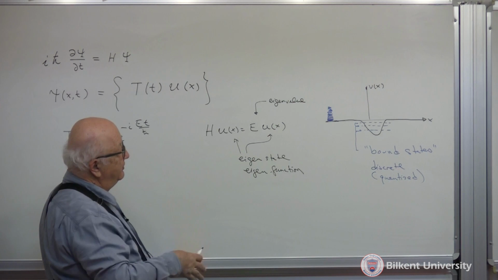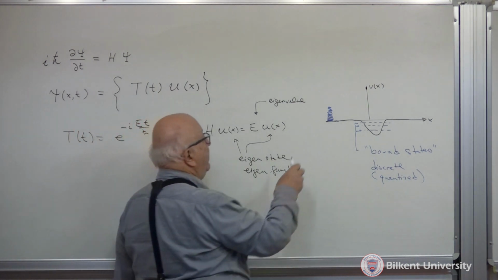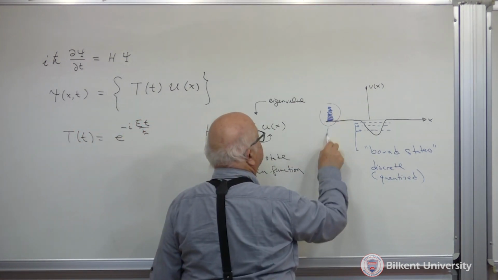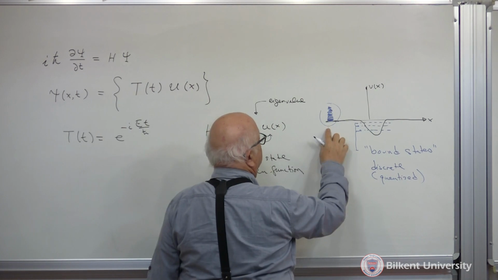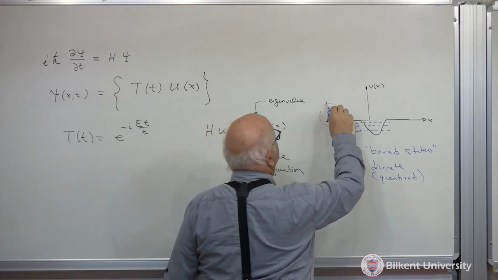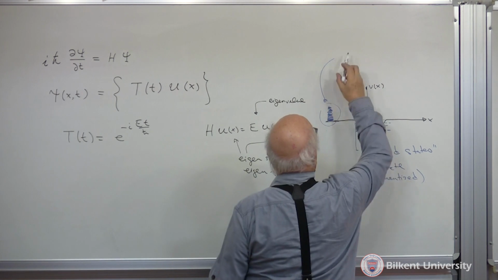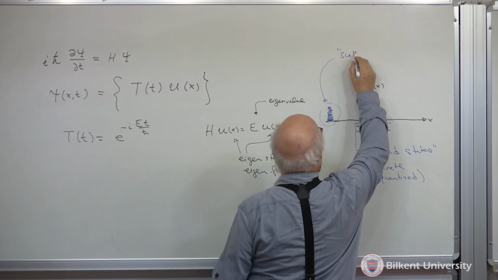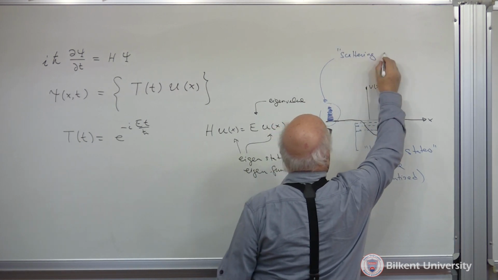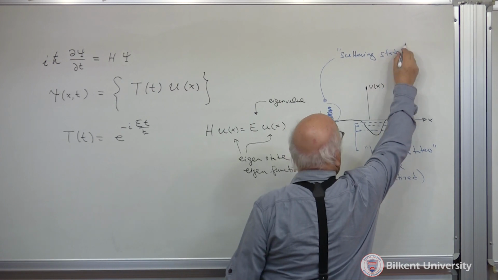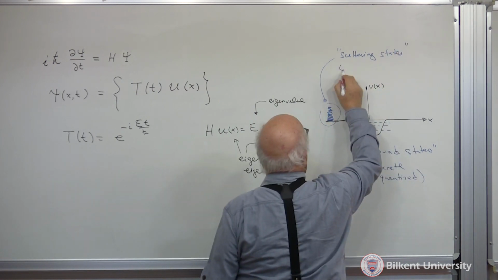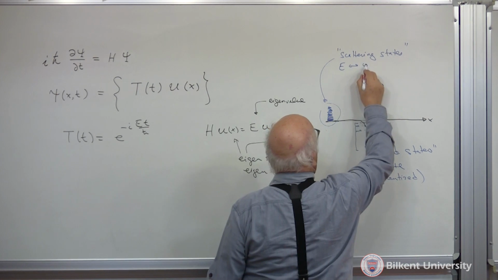So I have a set of states like that, but if I have states like this, then they are called the scattering states. Okay, E corresponds to a continuum.